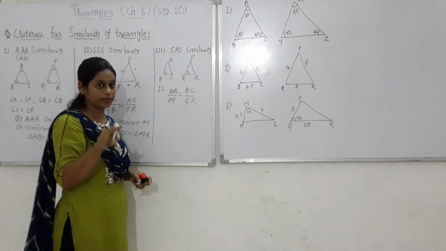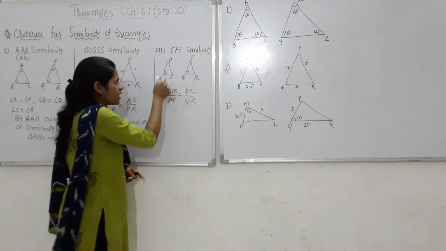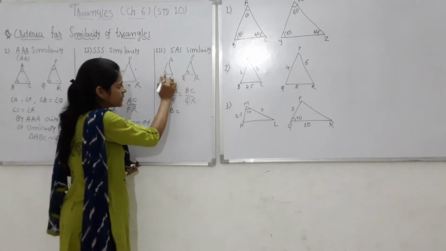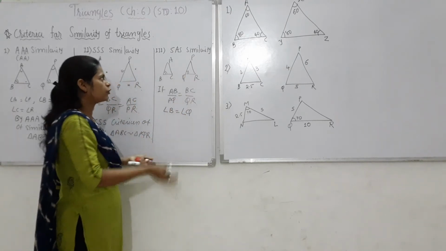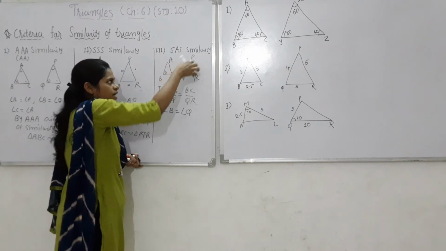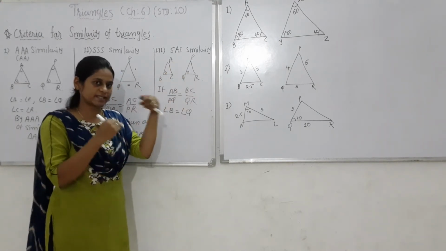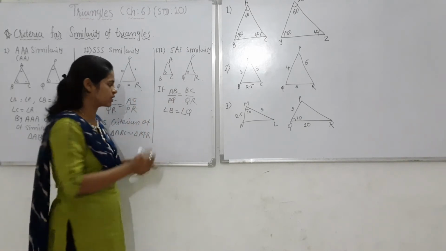So you have two pieces of information here: two corresponding side ratios are equal and their included angles are equal. The common angle in this is B and in this Q, so these two are equal. If you take these ratios equal, then the common angle is C and R. That means two corresponding side ratios are equal and the included angles are equal.